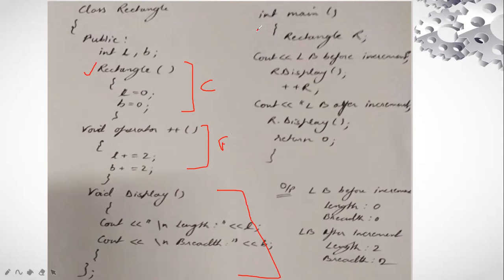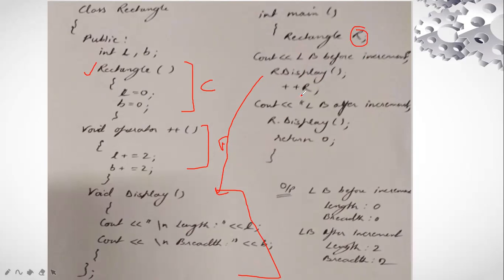Now in int main, I'm going to instantiate the class Rectangle. That means I'm going to create an object with the name R of the Rectangle class. Now I'm going to print length and breadth before increment. So here I have R dot display, I'm going to call this particular function.